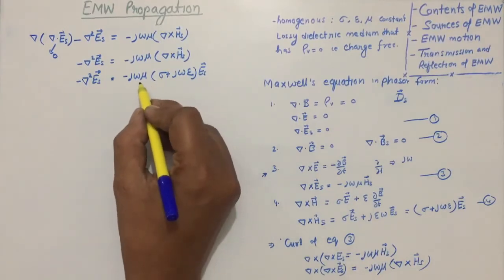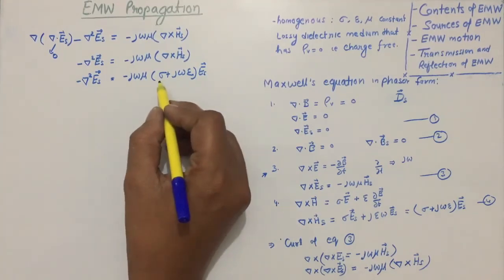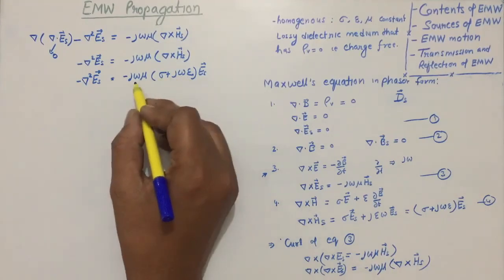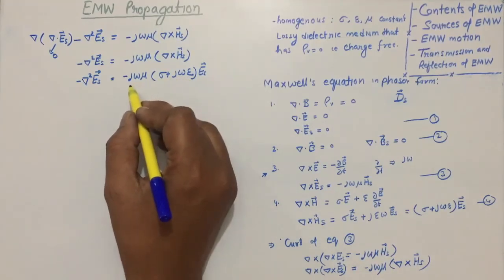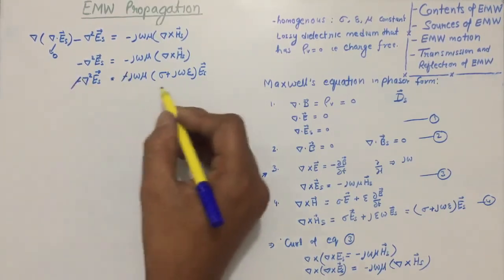Now concentrate here. This is the permeability, for the material it is fixed. Conductivity and permittivity are all fixed quantities. The frequency of any wave is fixed also. So what we can find, cancel the minus minus.